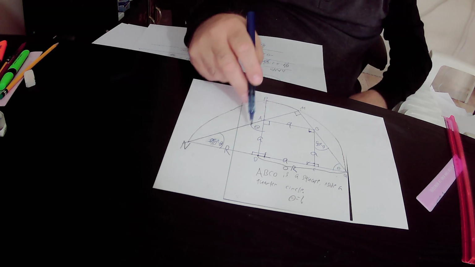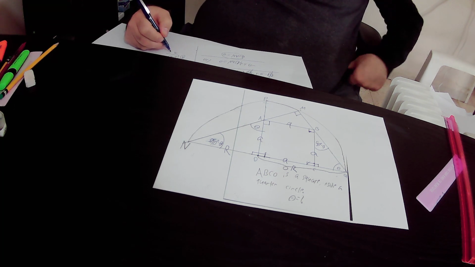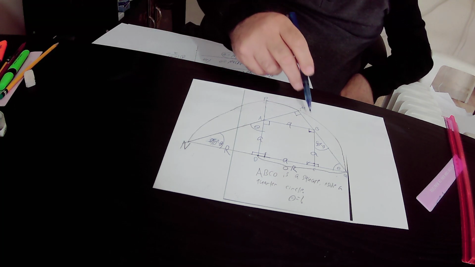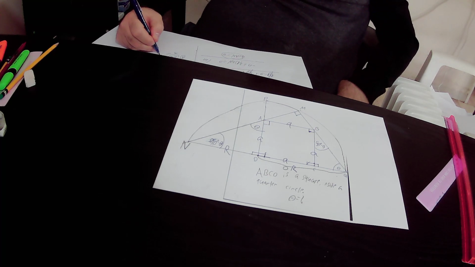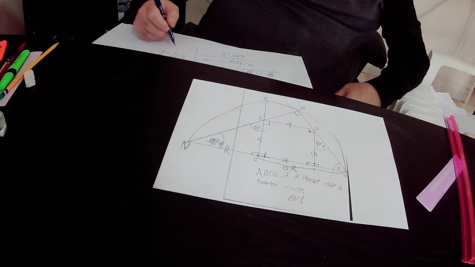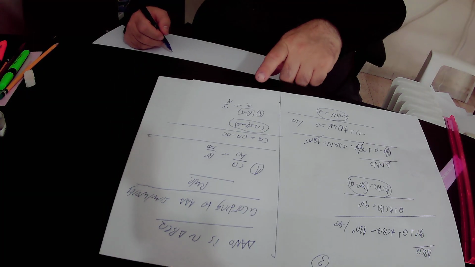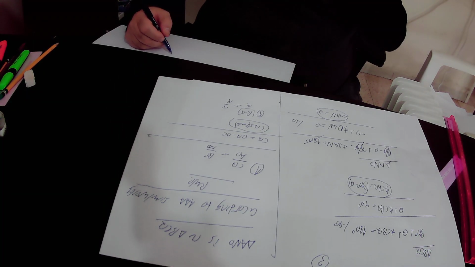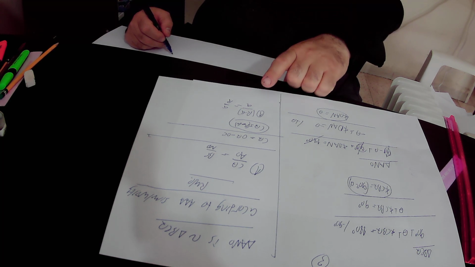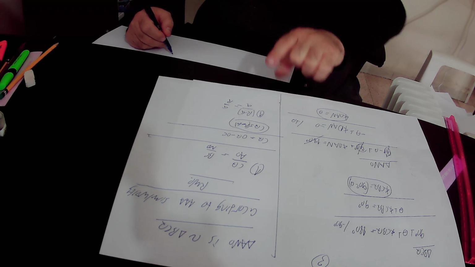AO equals A, and BC is also equal to A, over NO. NO equals capital R. So according to equation number 1, R minus A over A equals A over R. In the next step, we will divide this expression into two expressions.